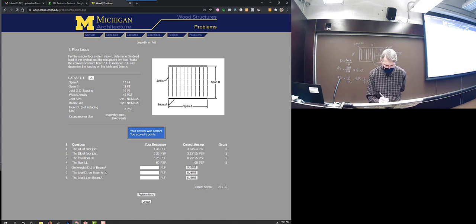Self-weight of beam A. So the dead load of beam A. And beam A, we said, was 6 by 16. It's a real monster. 6 by 16 has an area of 85.25. So the area of that guy is 85.25.